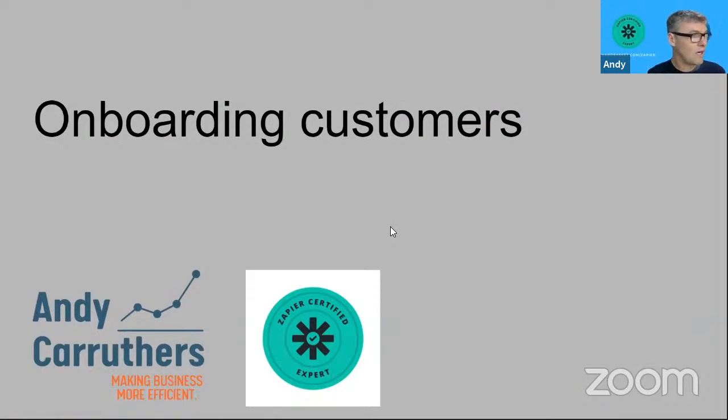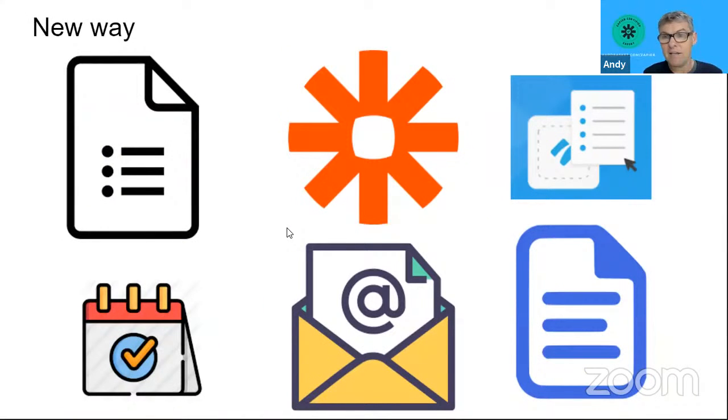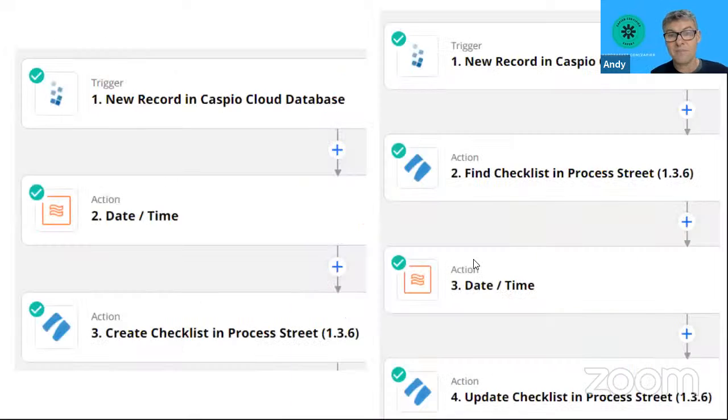Another example is around onboarding customers. The old way: paper forms, emails, manual data entry, spreadsheets. Using Zapier, we're able to connect together forms, digital checklists, our calendars, our emails, and also bring and automate documents together.